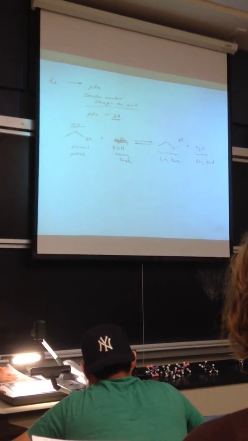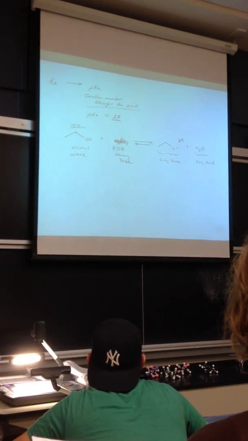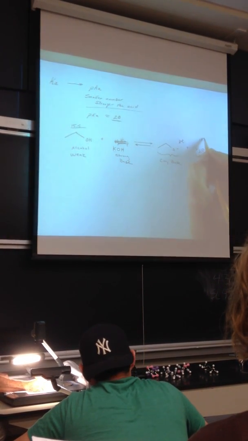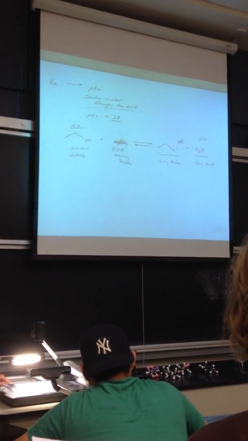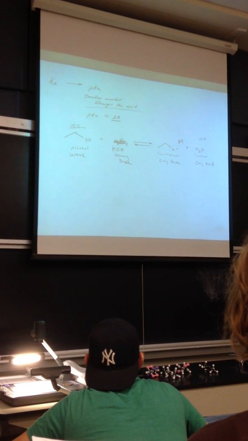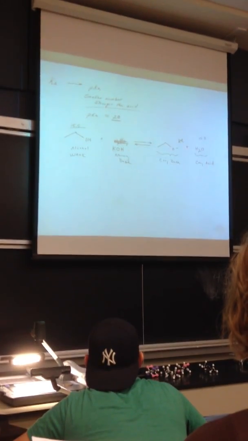Okay, so let's say it's around 15.5. And then we look at the pKa of water. The pKa of water is 15.7. Okay. What does that tell us about the equilibrium in this particular case? Close. Pretty even. It's pretty close.